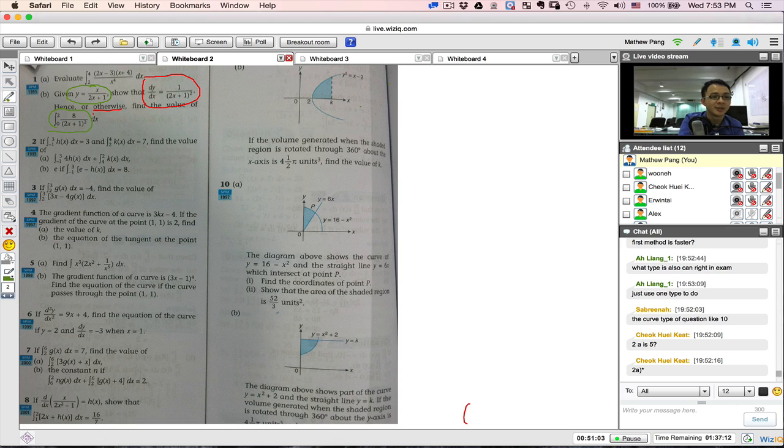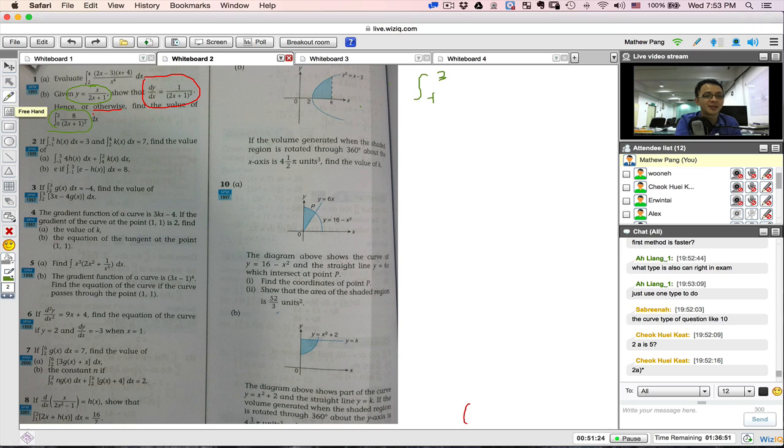Yes, let's have a look at number 2. We got some information here: the integral from -1 to 3 of h(x) dx equals 3. Why is it so messy? Let me just write again here.